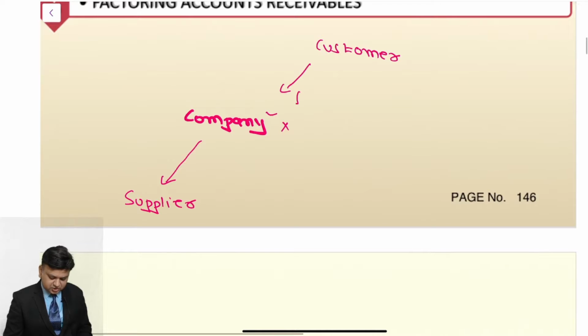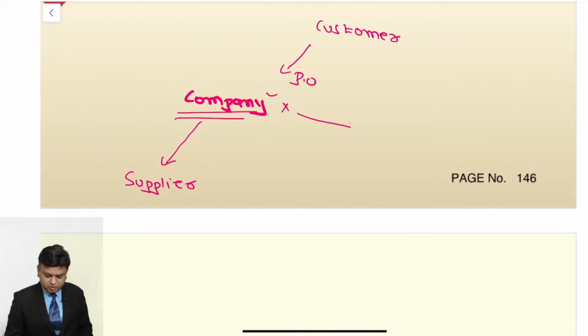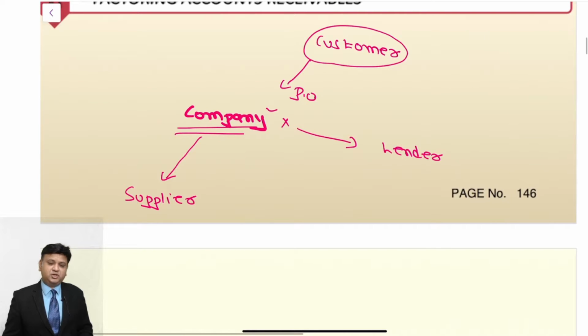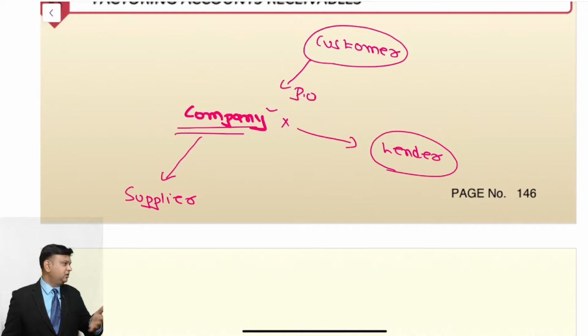Whatever purchase order the company has, based on that it can approach a lender, asking the lender that I have a ready-made purchase order with me. Soon after I sell goods to my customer, after manufacturing or purchasing them, I will be able to recover my amount within a certain time period. So I want you to finance me for the purchase of the raw material, or of the goods.